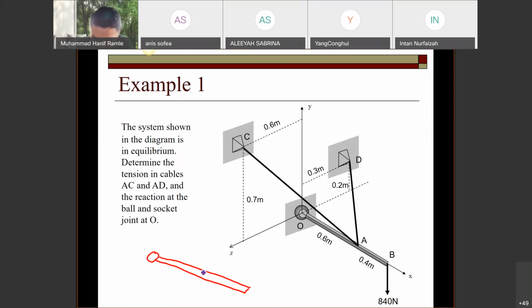For example, I take the cable first at this point A. This one is TAC, and this one is TAD. And put all reaction at point O. The axis is given there, OX, OY, and OZ.